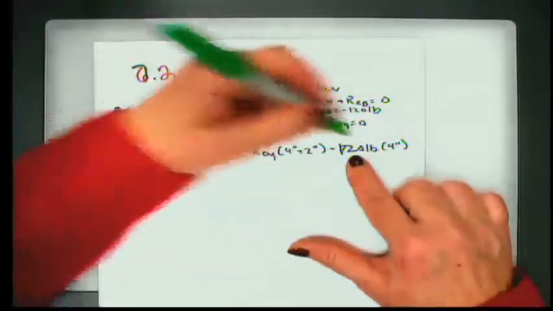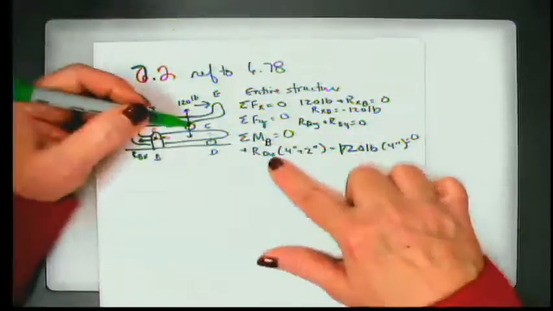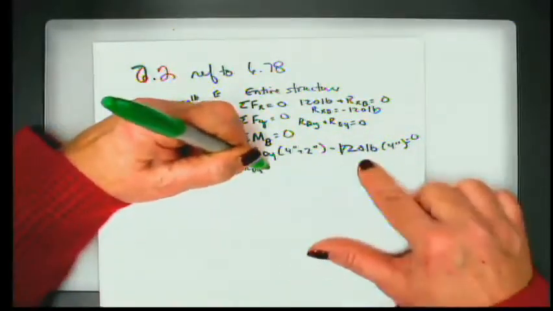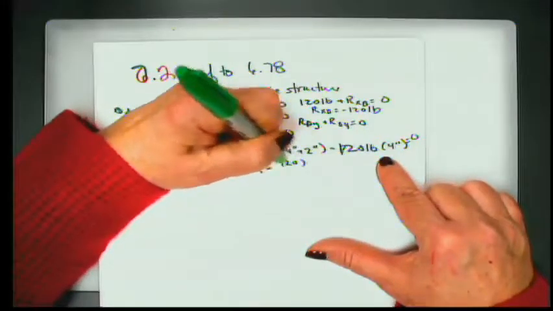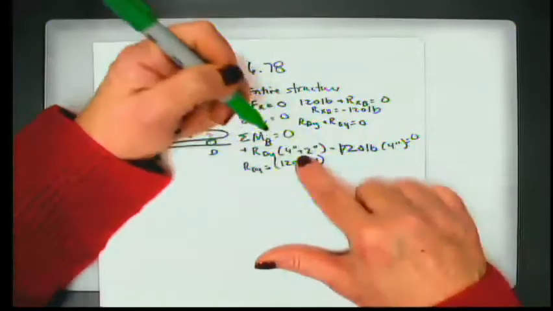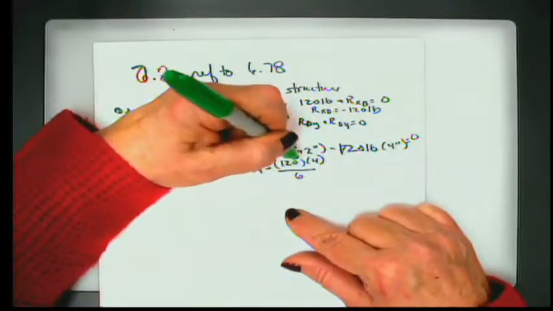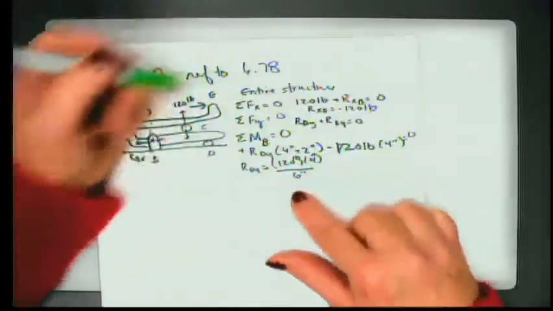So I can set them equal to 0, which means I can solve for R_Dy directly: it equals 120 pounds times 4 inches divided by 6 inches. Inches cancel out.